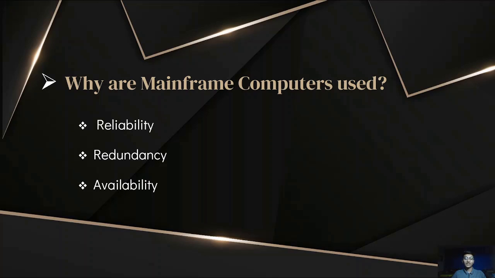Due to the fact that these computers are reliable and redundant, if an IO card fails for any reason, its workload is automatically transferred to another IO card, as I discussed in the previous slide, until the IO card is replaced, ensuring zero downtime, which is of great importance for proper transactions.